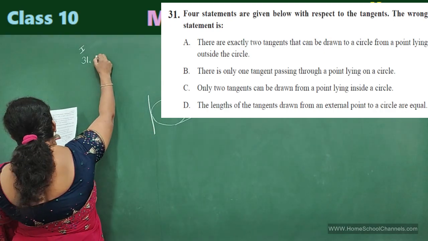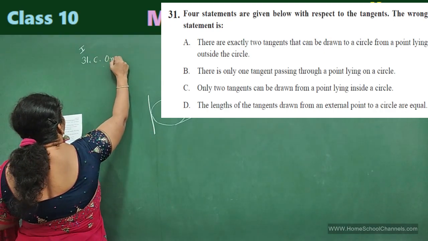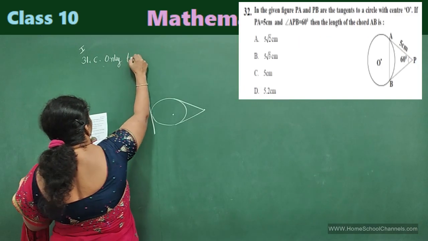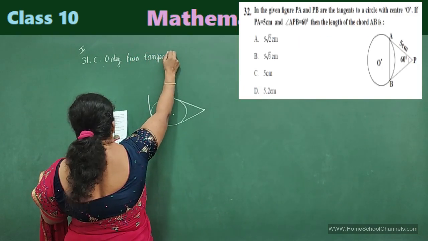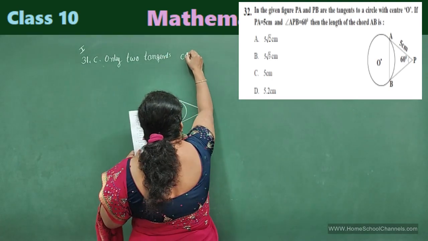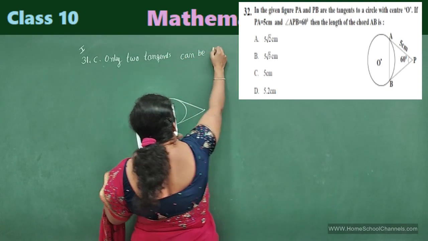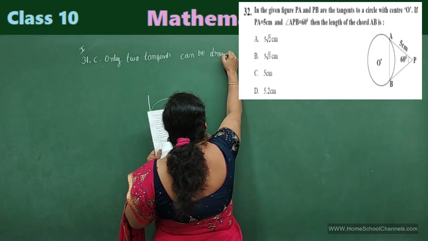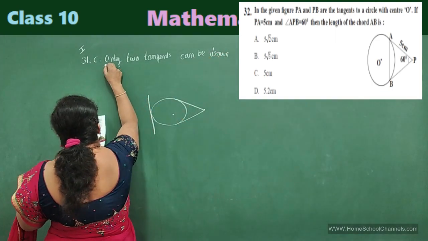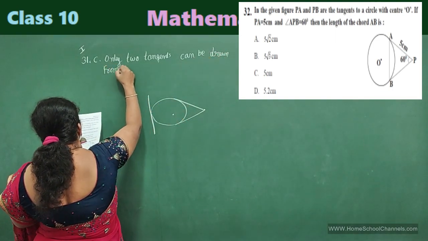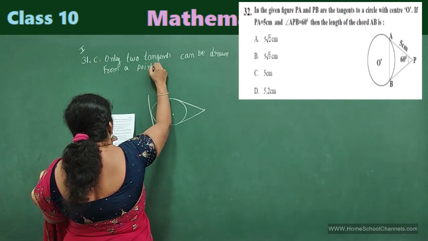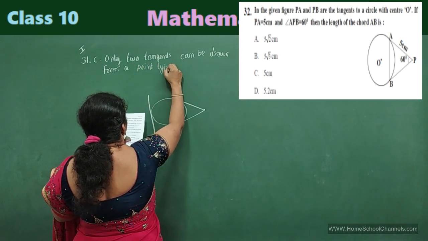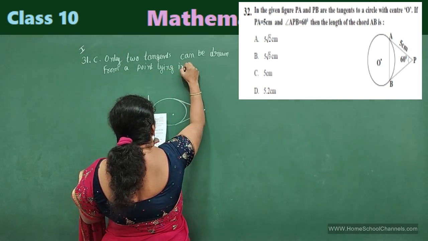So let me go with option C. Only 2 tangents can be drawn from a point lying inside a circle.